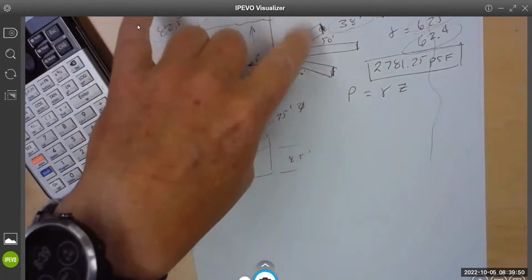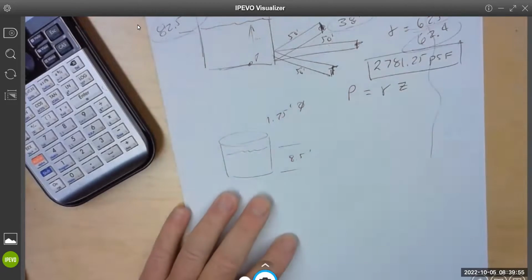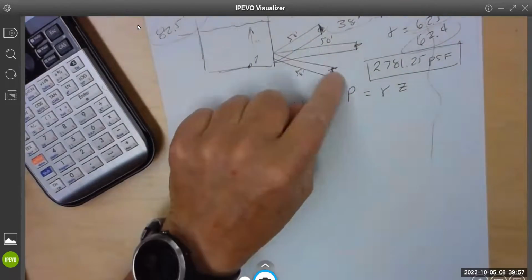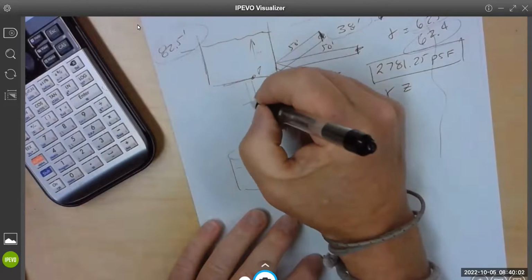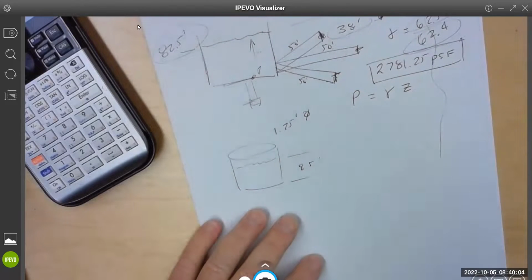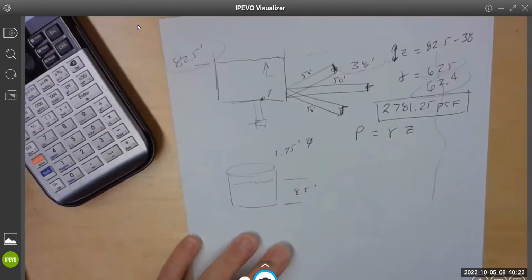And we don't know where this pipe goes. We just know this end cap is at 38 feet. So when I drew it, I didn't think it goes straight down, but it could, I guess. Oh, 50 plus 38 is bigger than 82. Yeah, that's true. Very true. Can't go 50 feet straight down and get to 38. So it must be off at some slope.